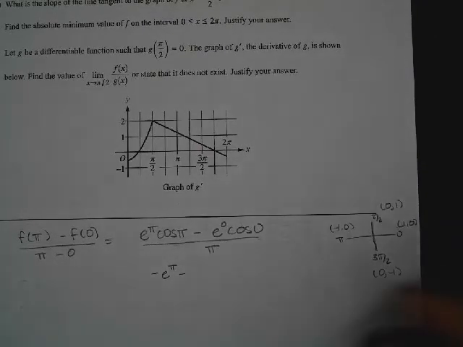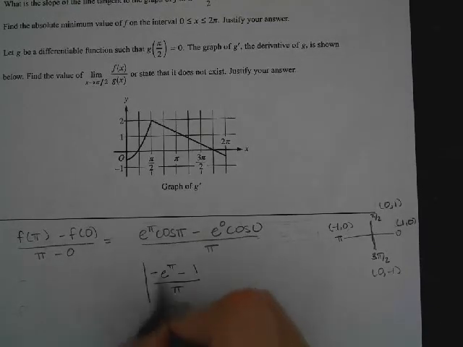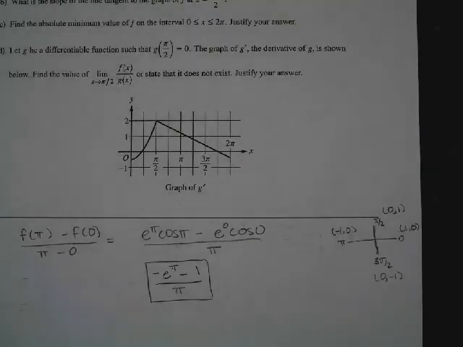Cos of 0 is 1, so that's -1 over pi. So there's the average rate of change, which is just slope.